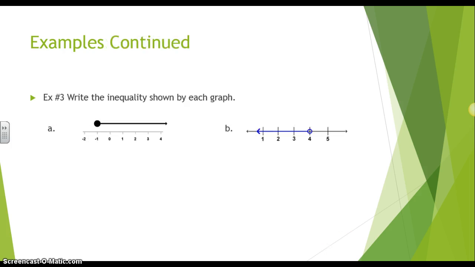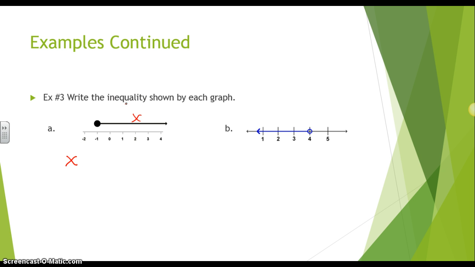These examples, examples 3, I want you writing the inequality shown by the graphs below. So when we were looking at A here, notice we have a shaded in circle at negative 1 and our arrow is going to the right. So the way we can write this, we can always start with the variable x. X can be any value.